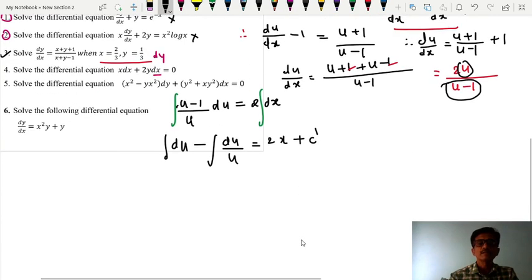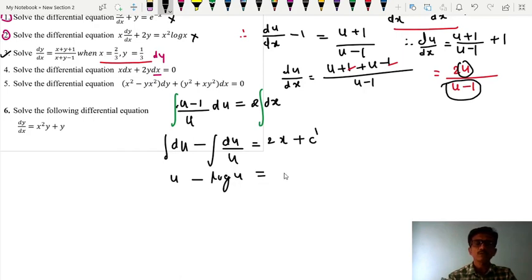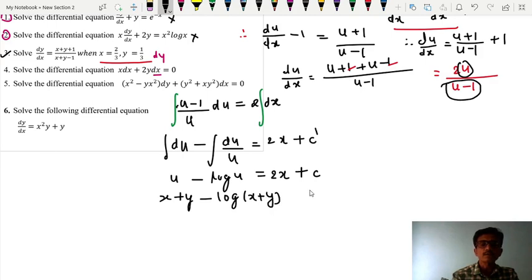Then integration du is what? u, it is u minus log of u is equal to 2x plus c, we can write here in place of c dash. What is our u? u is equal to x plus y. u is x plus y minus log of x plus y is equal to 2x plus c.